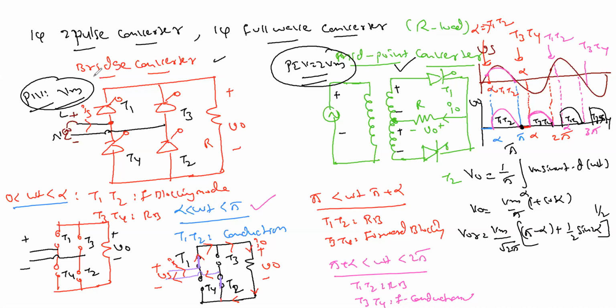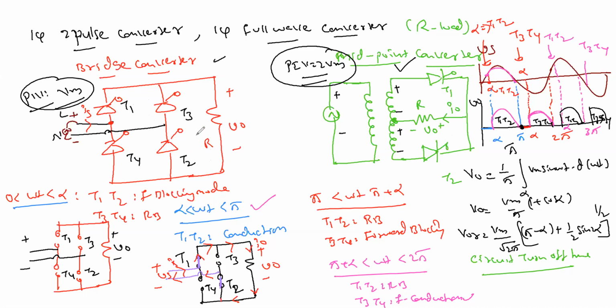Yeah, by the way, I told you already about circuit turn off time. What is the circuit turn off time here now? For that, we have to draw VT. So for how much period is T1 or T2 reverse biased, or T3 or T4, anything?